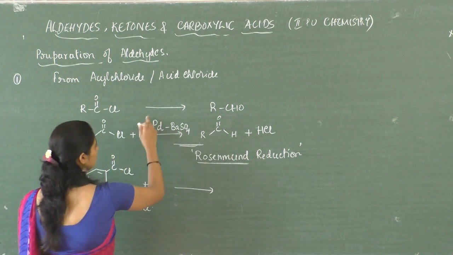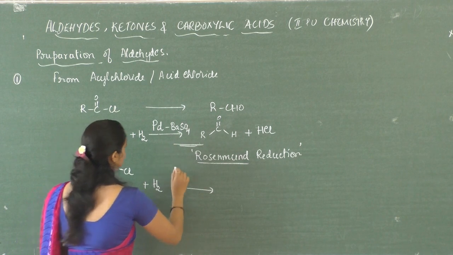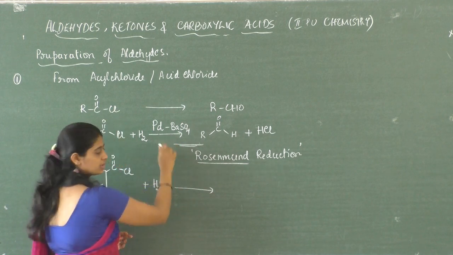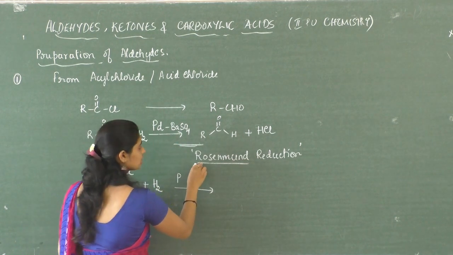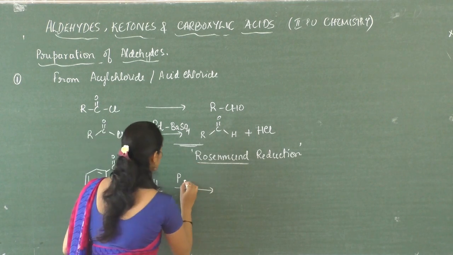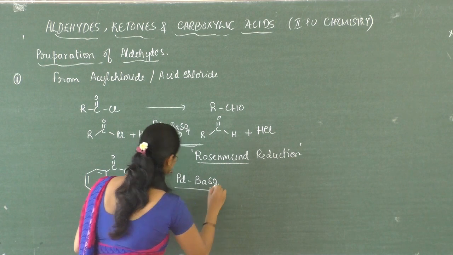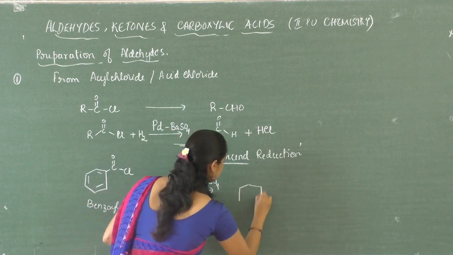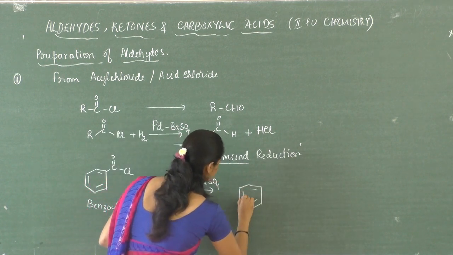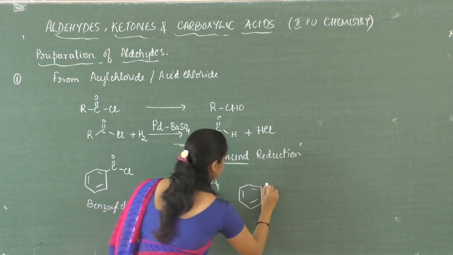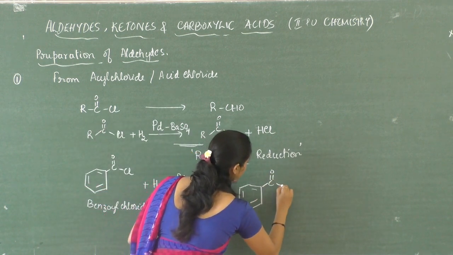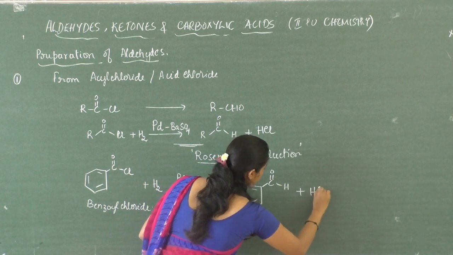So while writing you should not forget to write this, then only this reaction will be called Rosenmund reduction. So it is Pd, BaSO4. Then it becomes, remove the Cl and add H from there. So it is C double bond OH plus HCl.